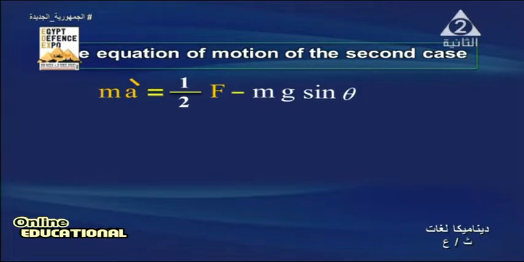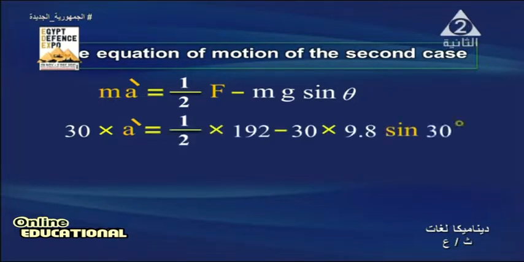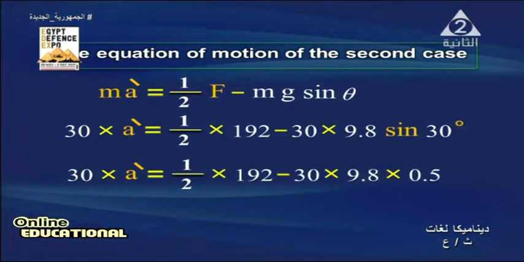Then ma dash, 30 times a dash, equals half times the magnitude of the force, 192, minus 30 times 9.8 sine 30. Then 30 times a dash equals half times 192 minus 30 times 9.8 times 0.5, where 0.5 is the value of sine 30. Then the acceleration equals negative 1.7 meter per second square.